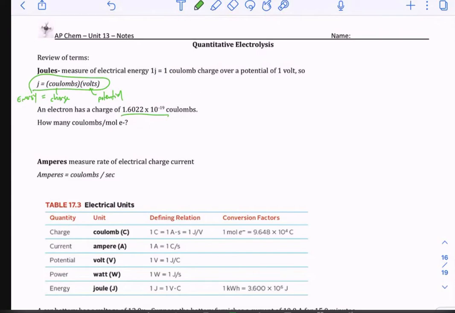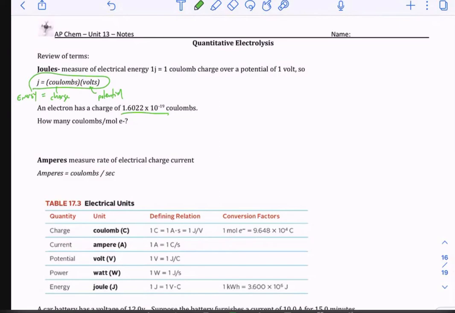If there are 1.6022 times 10 to the negative 19 coulombs per electron, and there are 6.022 times 10 to the 23rd electrons in a mole of electrons, this gives us 96,485 coulombs per mole of electrons.